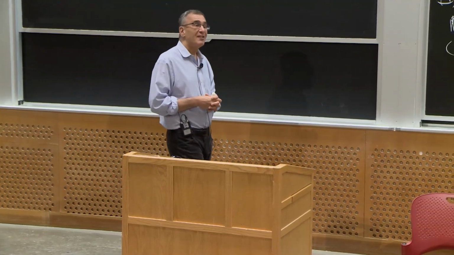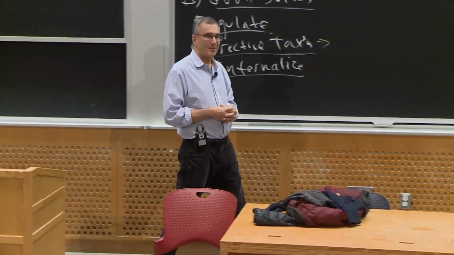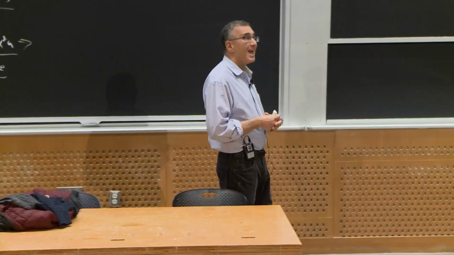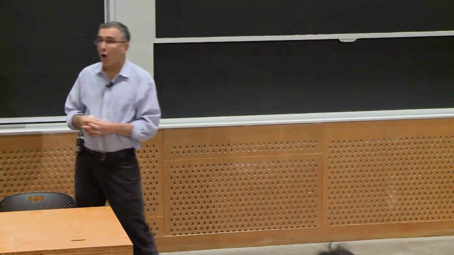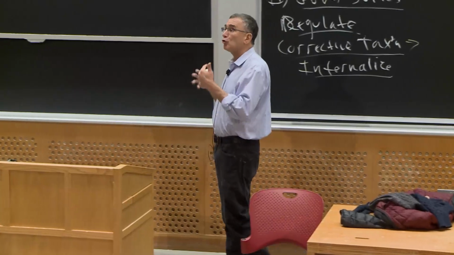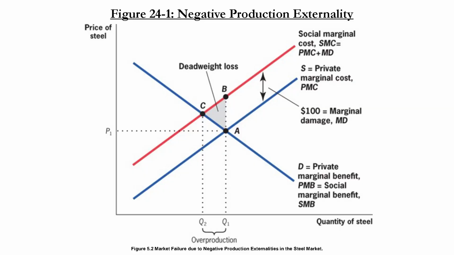Why? Because the trades it's getting rid of are not socially valuable. When you have a negative externality, there are socially invaluable trades being made. All the units consumed between Q1 and Q2 are losers for society. So if you go back to figure 24.1, everything to the right of Q2 has a social marginal cost above its private marginal benefit, its social marginal benefit.